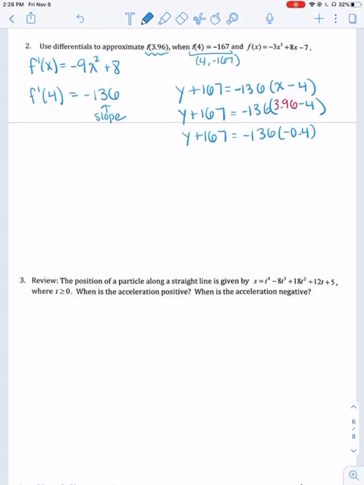Okay. Wait, 3.96, this is 0.04. Come on, Miss Lee. Okay, much better. So this is 5.44. So now I have y plus 167 equals positive 5.44. And then you would need to subtract the 167.